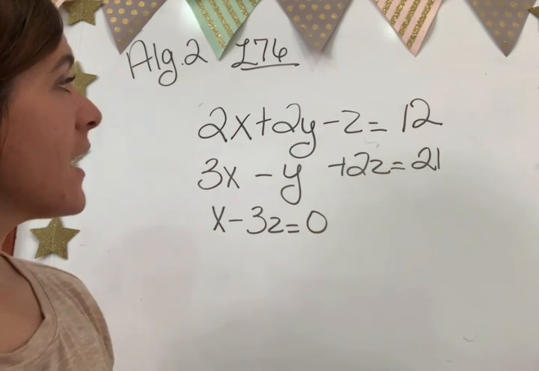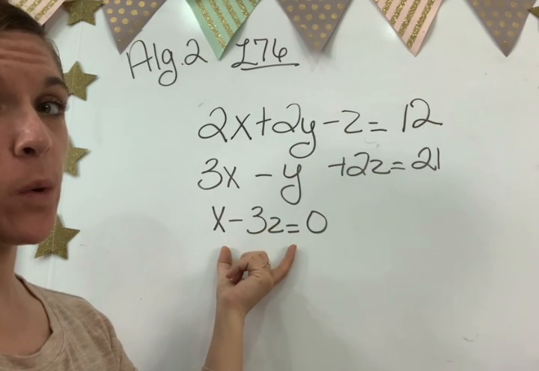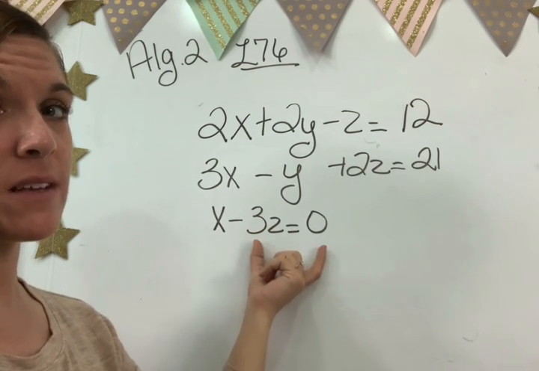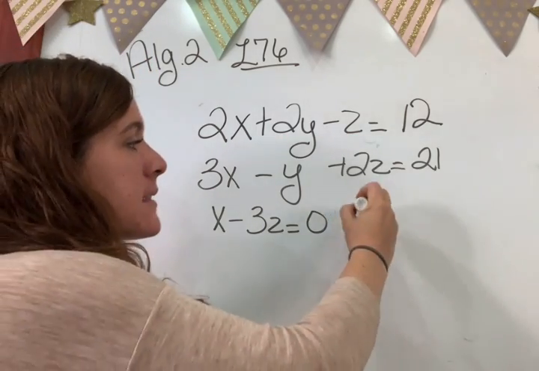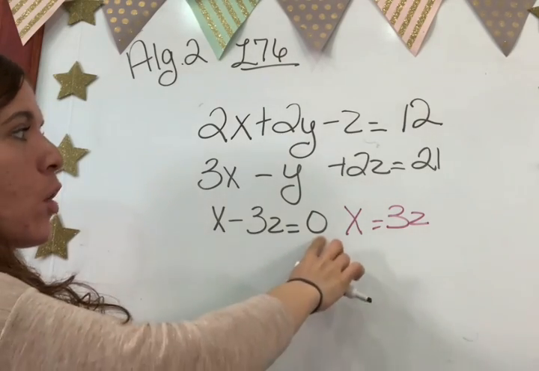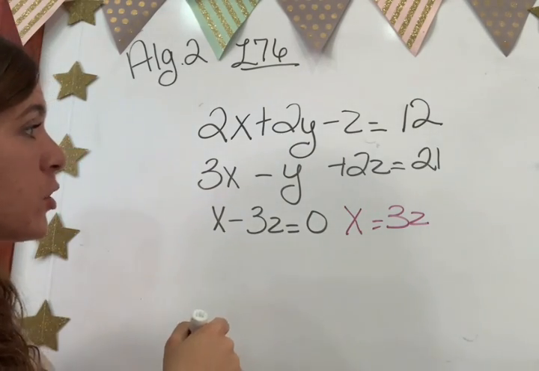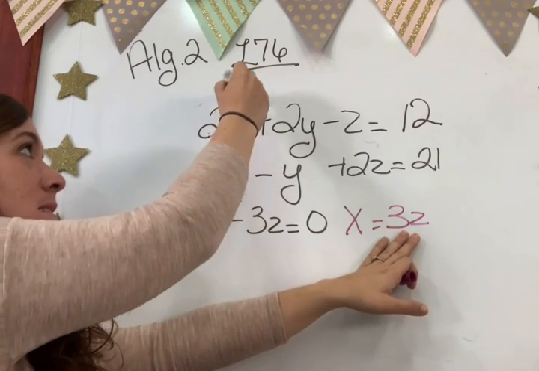Okay, even though there's not a direct substitution that we can do, we can make a direct substitution very quickly with this thing right here. x minus 3z equals 0. I'm going to rewrite that and make it x equals 3z. Okay? Let's move this over here. And then I'm going to substitute. If x equals 3z, then 2 times 3z is 6z.